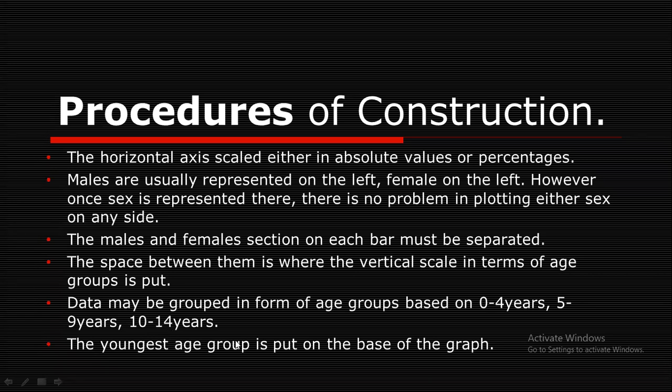One key note is that the youngest group is the one represented at the bottom. Why? Because you cannot move from above; you start from the youngest, so you put the youngest group down as you go up: 0 to 4, 5 to 9, 10 to 14, something like that. That is basically what you do.